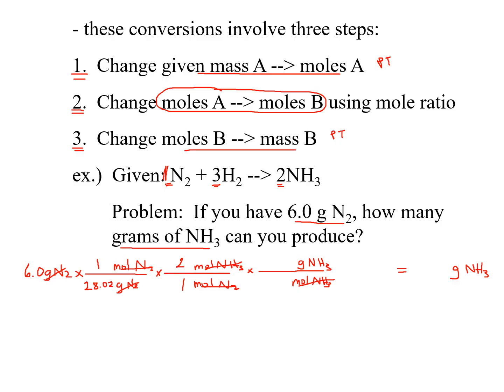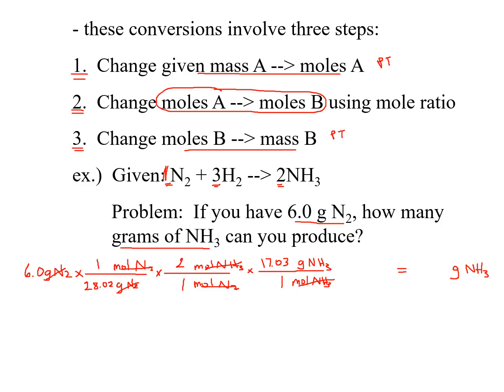So 3 and 14 makes about 17, right? So this is like 17.03. Again, the decimal can be a little bit different depending on what periodic table you're using, so that's fine. But I would try to go out as many decimal places as you can based on the periodic table that you're using. This is always how many grams are in a mole, okay?